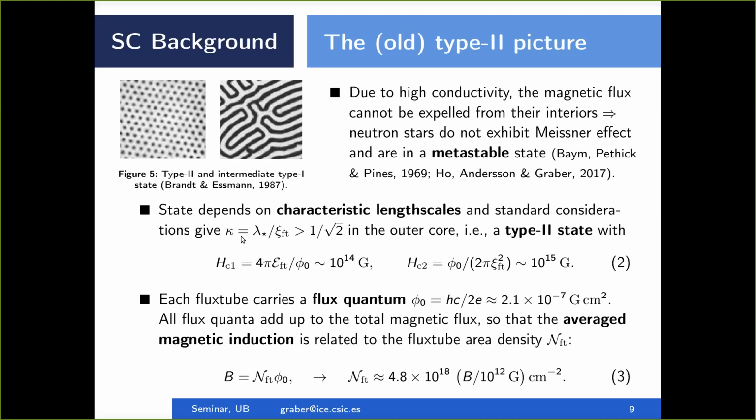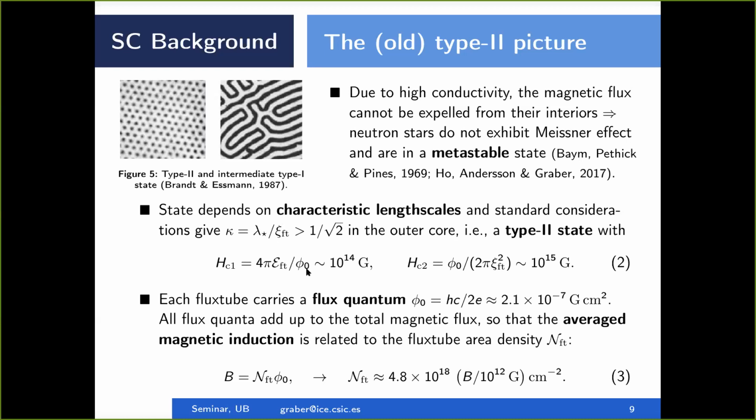They calculated the ratio of the London penetration depth to the coherence length of the flux tube, and they found that for the outer core, this is larger than the standard critical value that we also know from laboratory systems, which they used to conclude that the outer neutron star core is in a flux tube type 2 state, which is illustrated in the simple decoration image here on the left-hand side. So you have these quantized structures, everything that's dark is normal conducting, everything that's white is flux free.